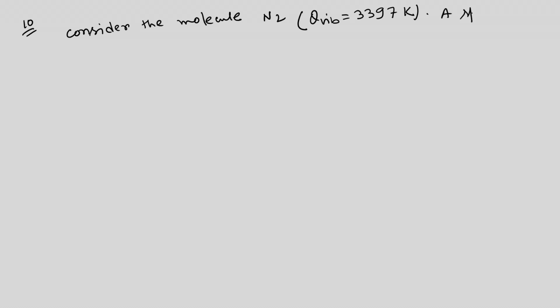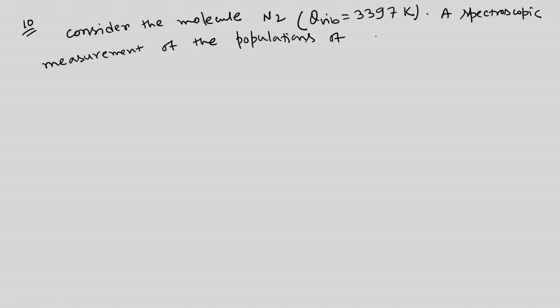A spectroscopic measurement of the populations of n equals to 0 states shows P0 equals to 0.75. So, here Pn is the probability of nth state.